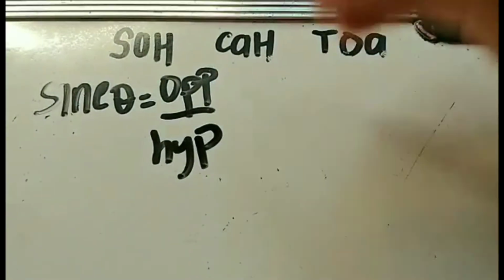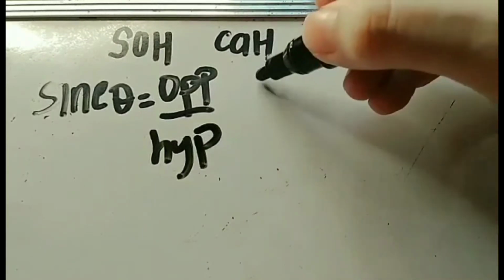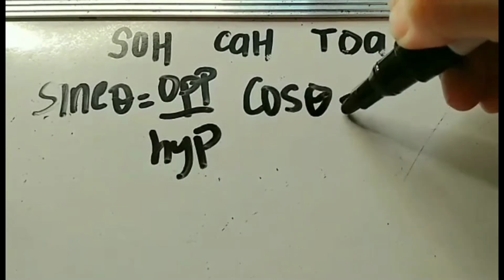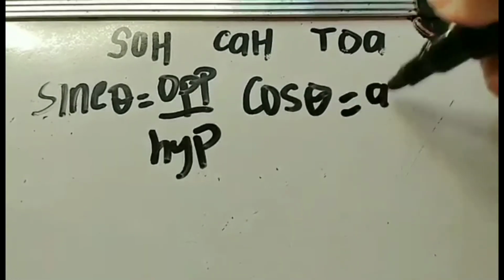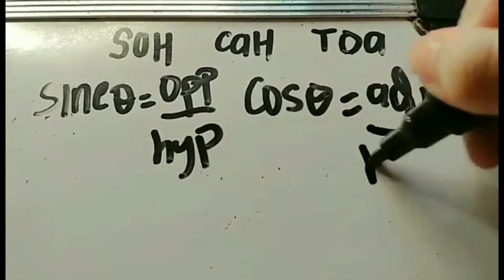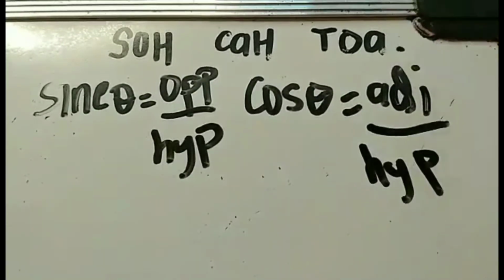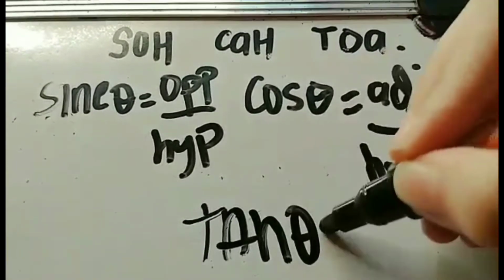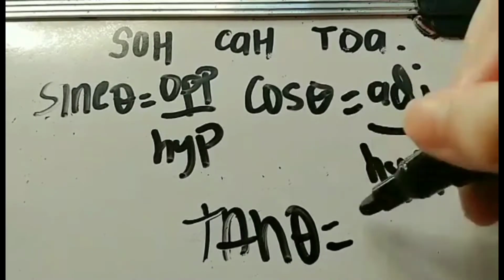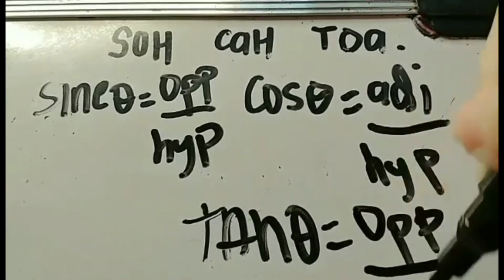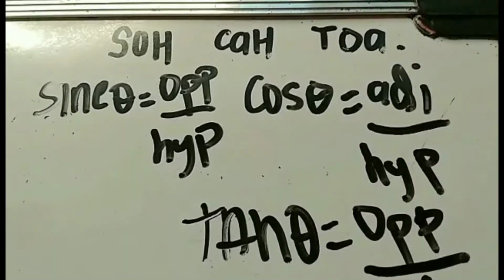Next, for the cosine, cos theta equals adjacent over hypotenuse. And lastly, tan theta equals opposite over adjacent. Okay, so that's how easily we will define them with the help of SOH CAH TOA.